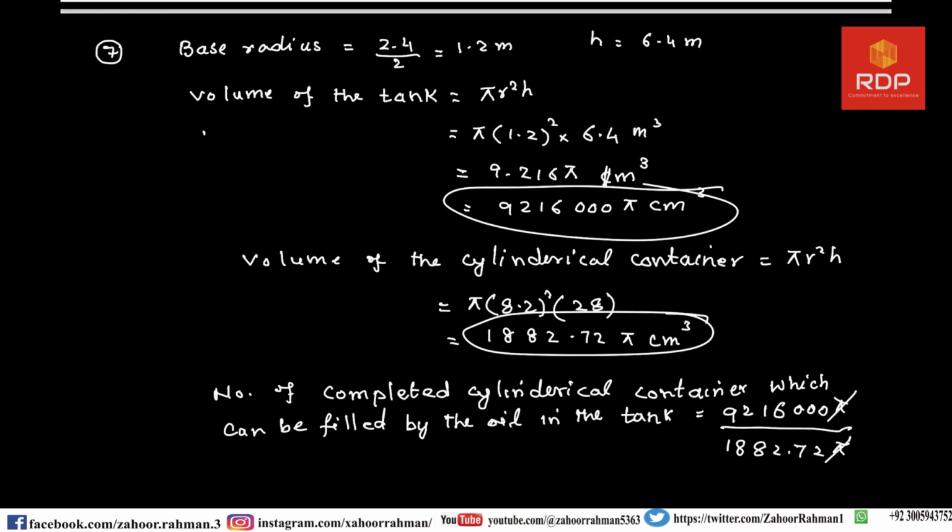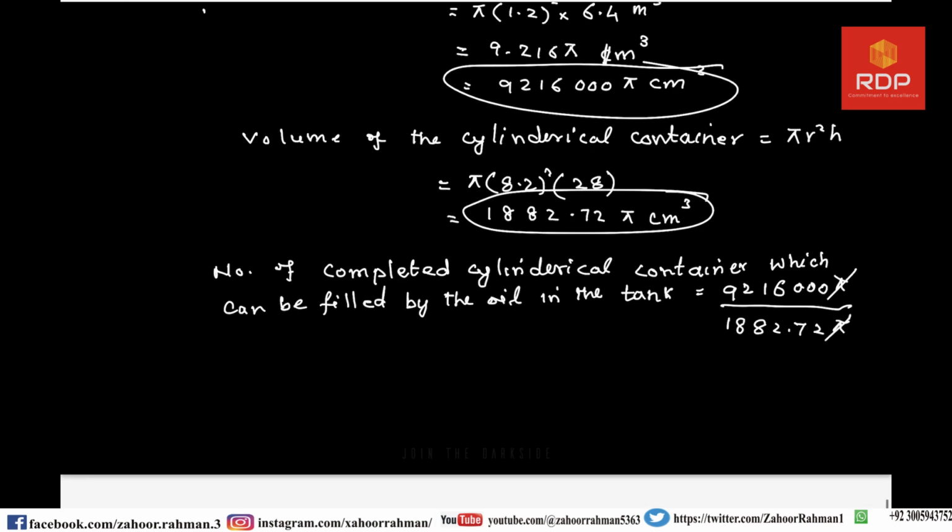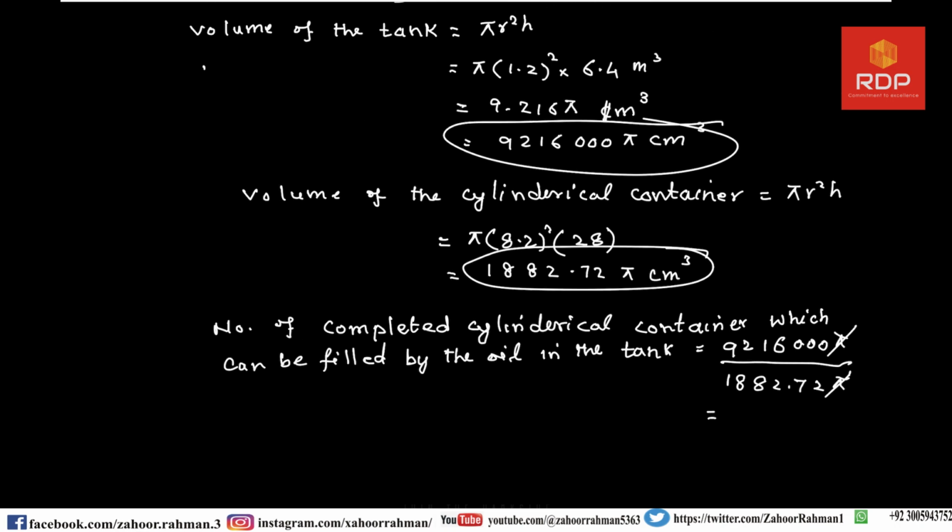This pi will be cancelled with this one, and as a result when we divide this, we will get 4895 completed cylindrical containers, to the nearest whole number, 4885.